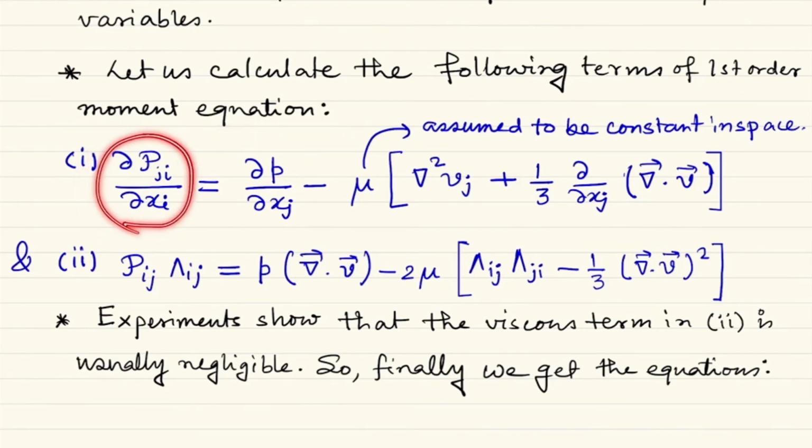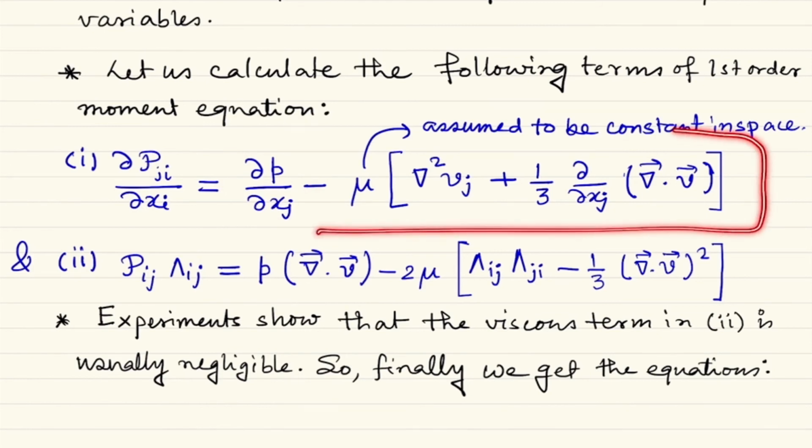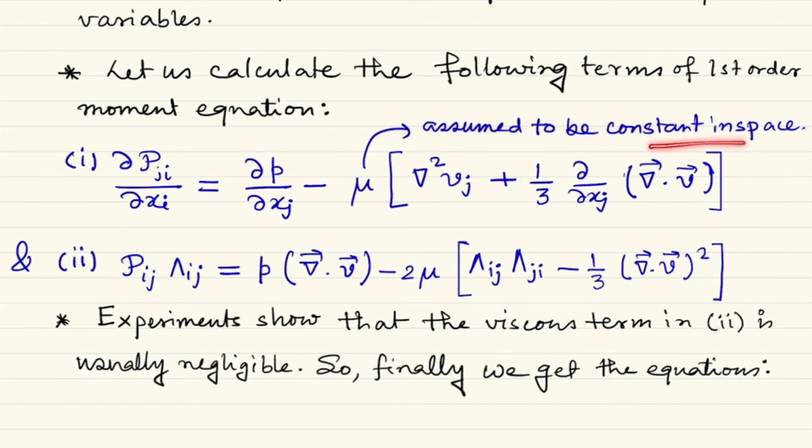del xi. So for diagonal p we had only this term for local Maxwellian. Now we have the additional term like this, where mu is assumed to be constant in space, which is very reasonable for most fluids.